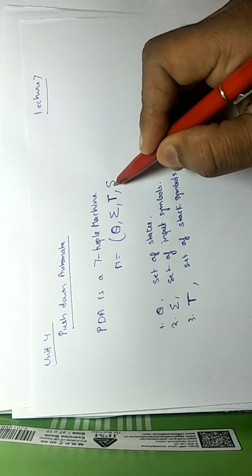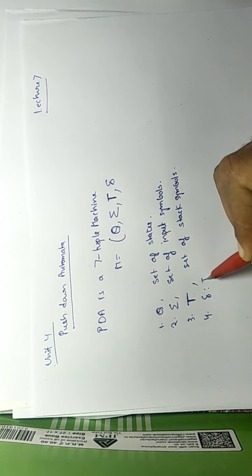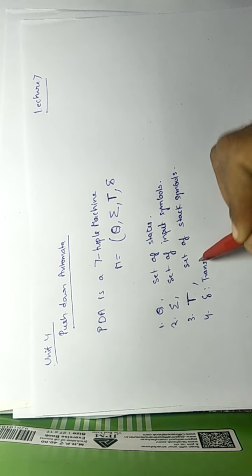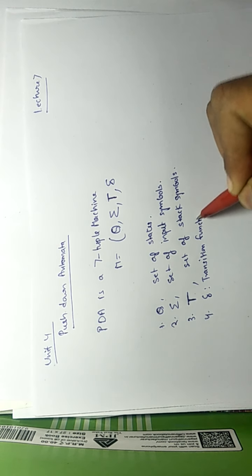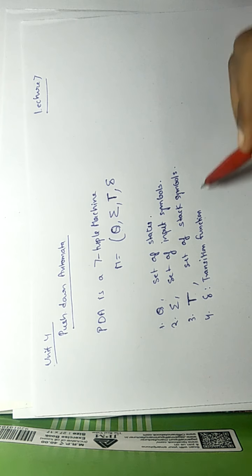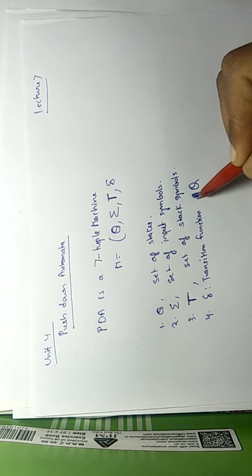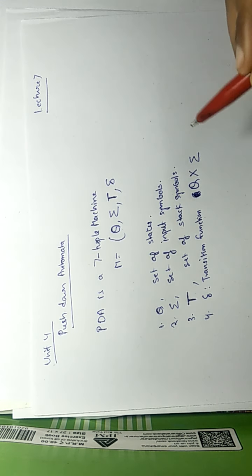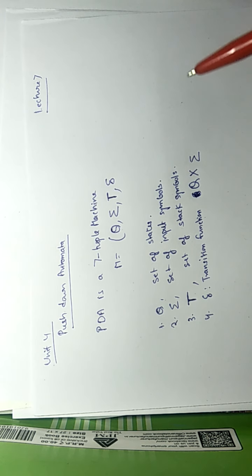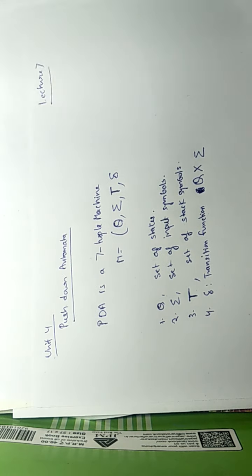Fourth one is transition. Transition means how we are moving from one state to another state, and what we are doing when we move. We are at one state and we read an input symbol, and we have a stack along with input. Now look at this diagram.